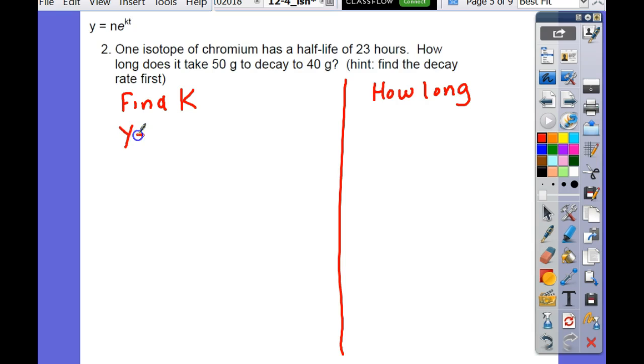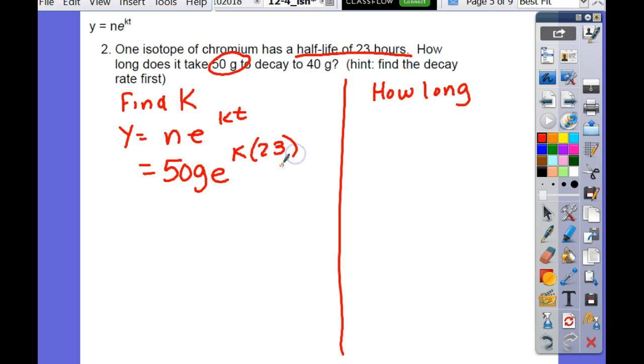Okay, so this is the equation. How much do we start with? And the half-life is 23 hours.